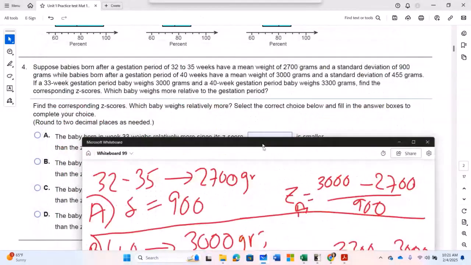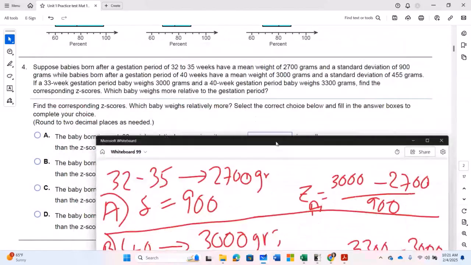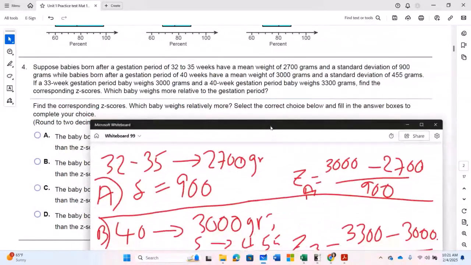We have to standardize the baby that stayed in the stomach for 33 weeks and the baby that stayed in the stomach for 40 weeks, and we find their z-scores. After we find the z-scores, the question is, which baby weighs more relative to the gestation period?